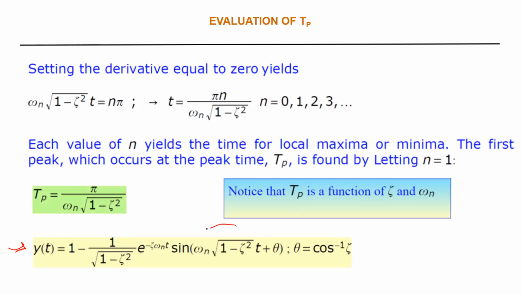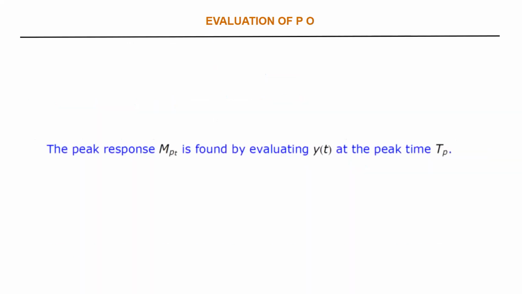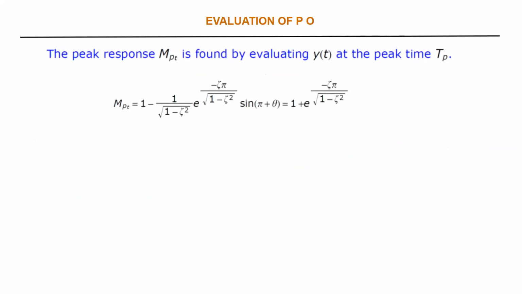If you substitute for t by this quantity, what do we get? Pi plus theta. So it's going to be 1 minus 1 over root of 1 minus zeta square, e to the power of minus pi zeta over root of 1 minus zeta square, times sine of pi plus theta.